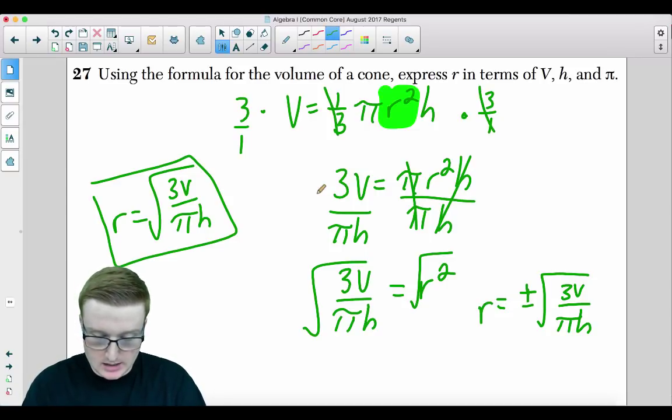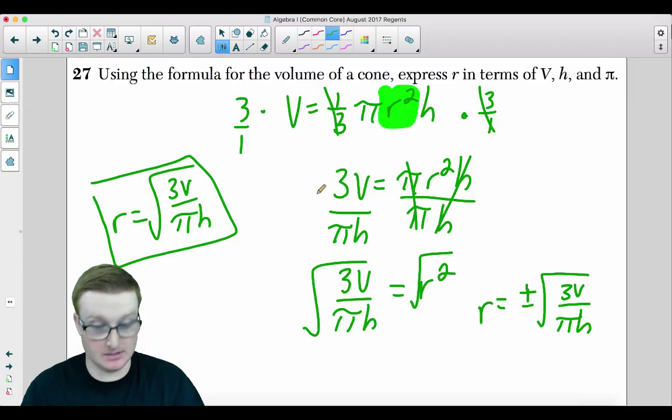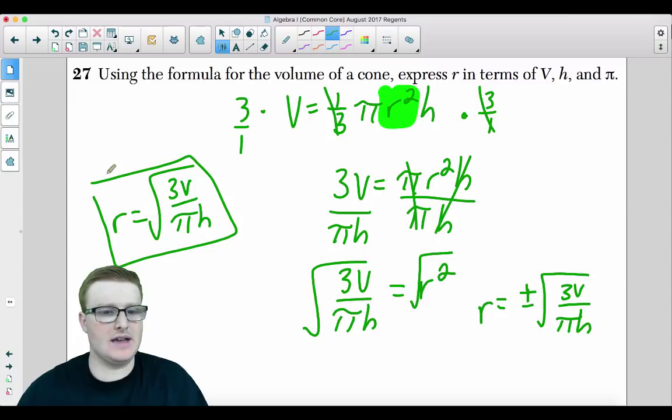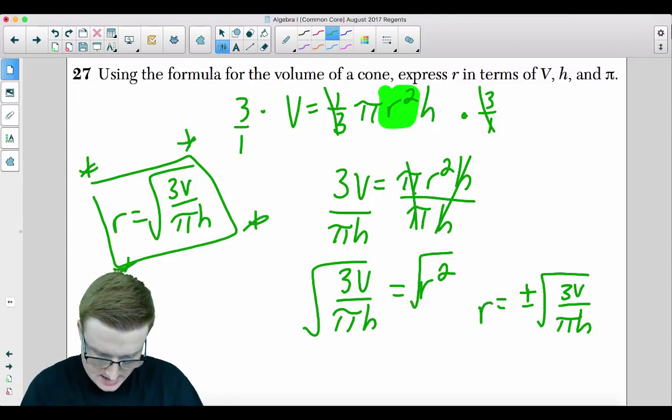If you could just bear with me real quick, I just want to double check the responses. This is number 27. Give me just 1 second. I'm sorry, I should have done this before. Okay. Yeah, so they actually gave credit for the square root of 3V over pi h, but I wonder if they gave you credit for the negative answer.